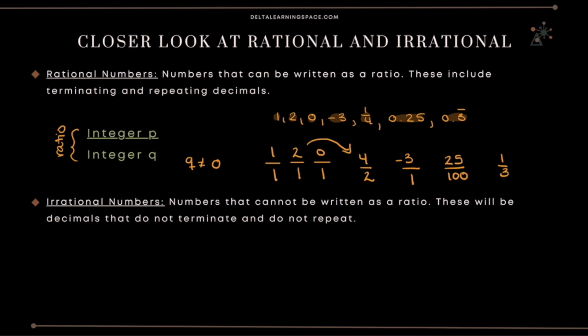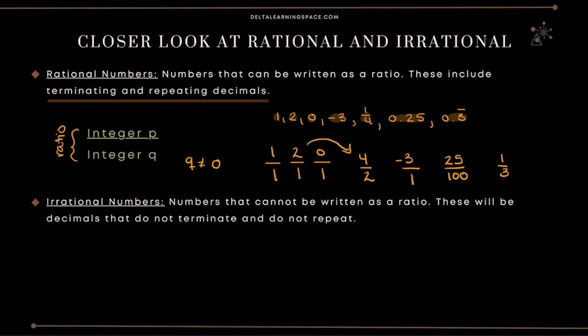And that is why in our definition, we include terminating and repeating decimals, because both of these values can be represented in ratio form. Anything that can be represented in a ratio form, like how we see here, is considered rational.